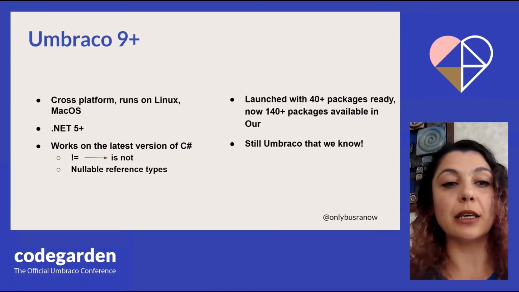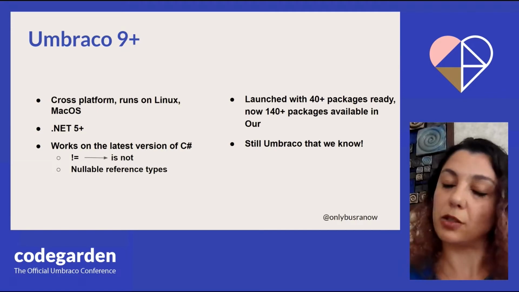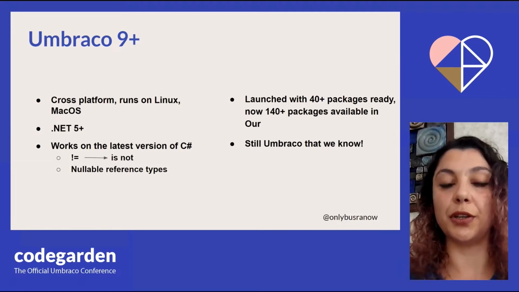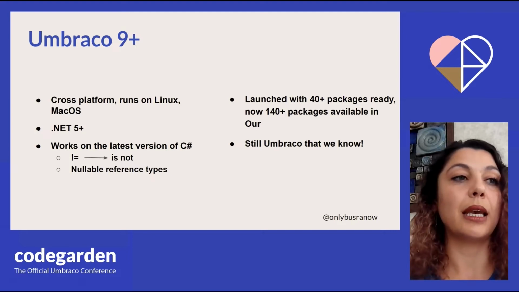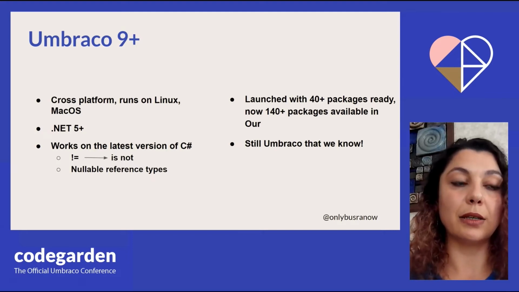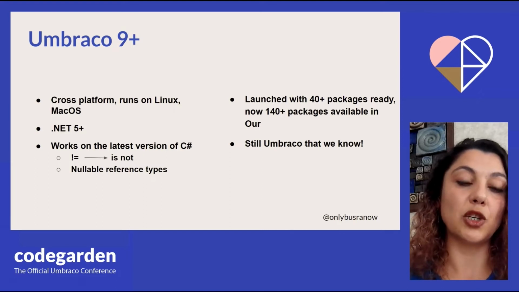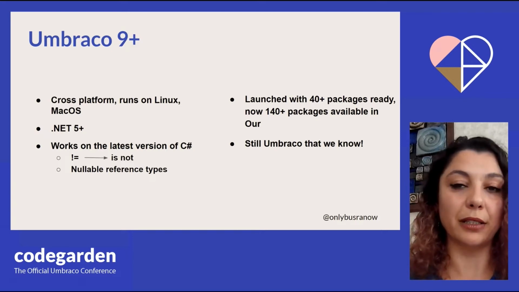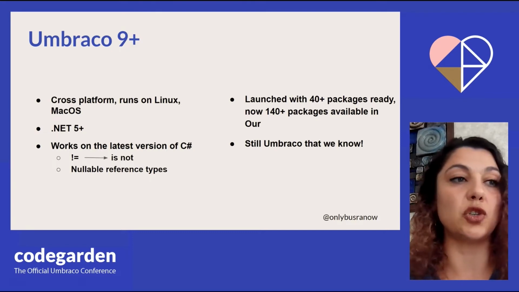Umbraco 9 is cross-platform, as is Umbraco 10. It runs on Windows, Linux, and macOS. It is working on the latest C#. We have new keywords, we have nullable reference types, but I'm not going to dive into what's new in the latest C#.